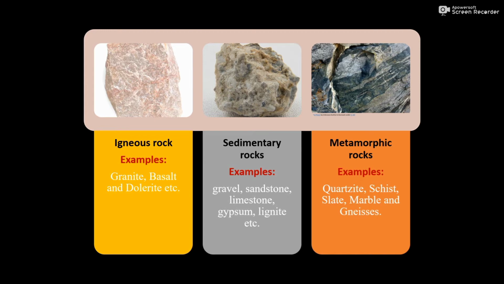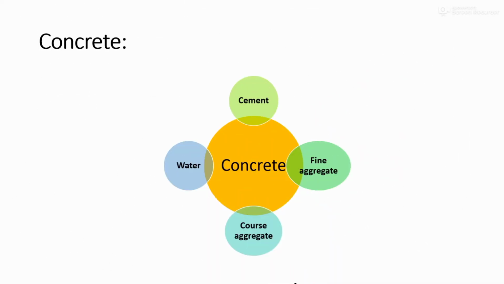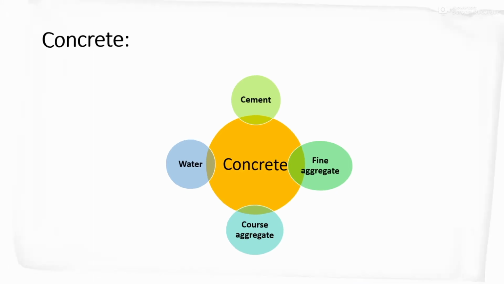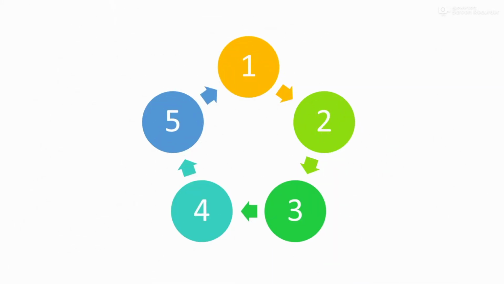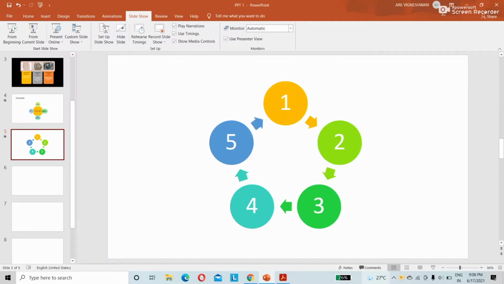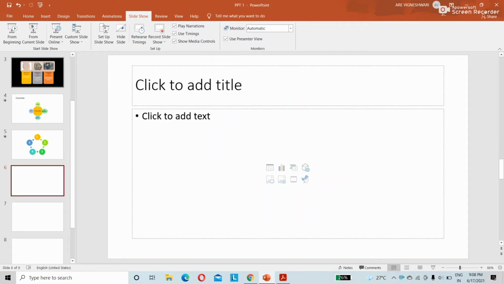I'm going to explain all the different SmartArt graphics, this type, or like this type. So how to insert that? Go to insert. File, home, insert, right?